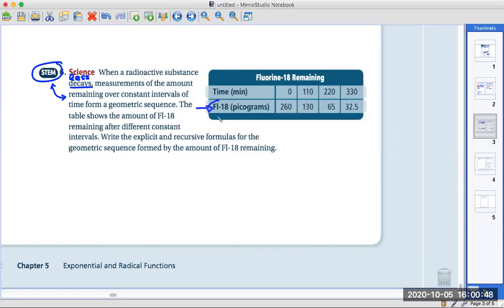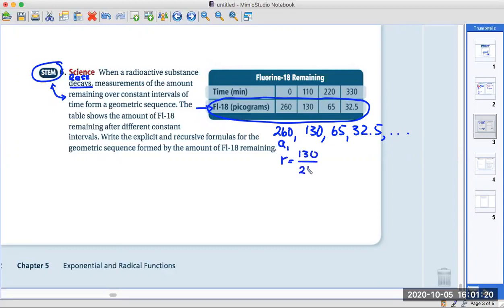So check this out. This is our string of numbers. So you got 260 is our first number, 130, 65. You can tell they're going down by half. And then dot, dot, dot, meaning it keeps going. So A sub 1, A sub 2, A sub 3, A sub 4. I can tell that the common ratio is 130 divided by 260.